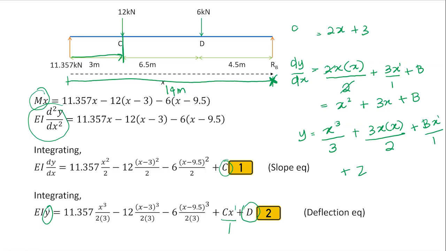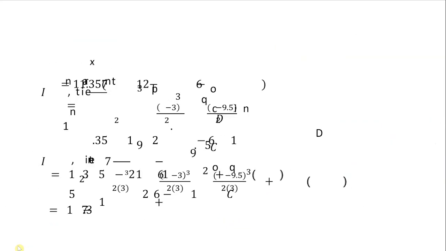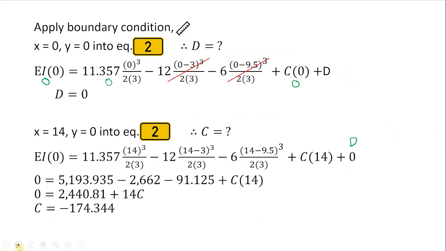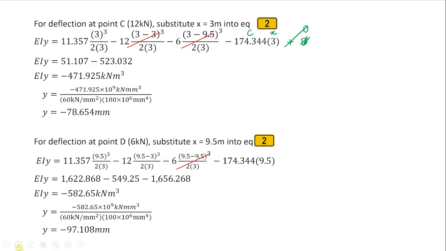And untuk point D, this is 9.5 3 campur 6.5, this is 9.5 meter. This is 3 meter. That's why here kita akan replacekan X ni dengan 3 meter for C, and for D it is 9.5. Okay, jadi kita kena kira dekat these 2 points.